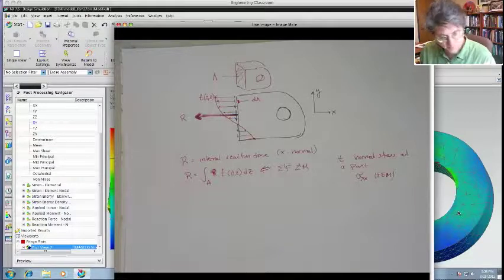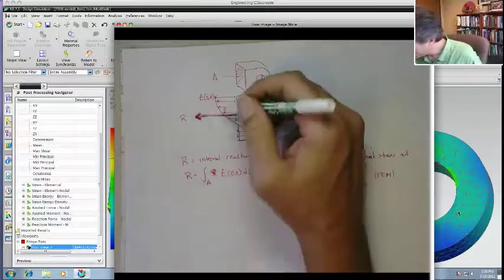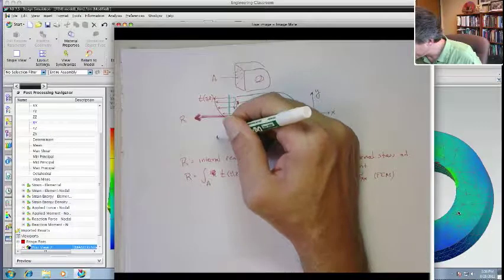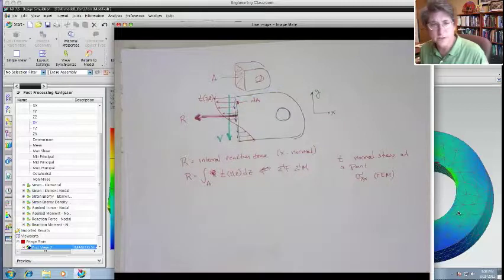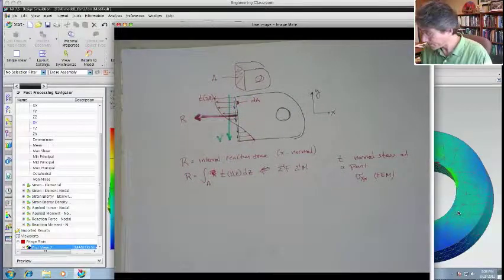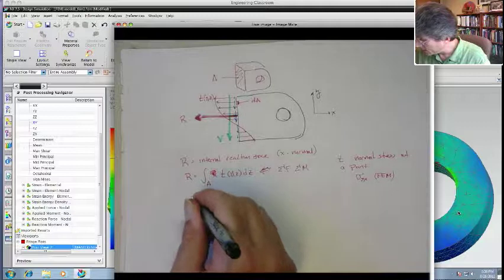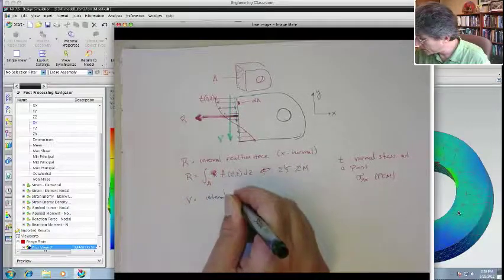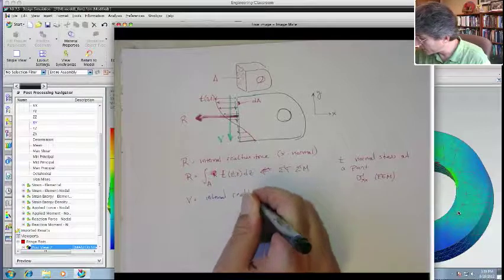Okay, and similarly, I don't have a blue one, so I'll have to do green. There's the reaction force, the shear reaction force. V is the internal reaction force.